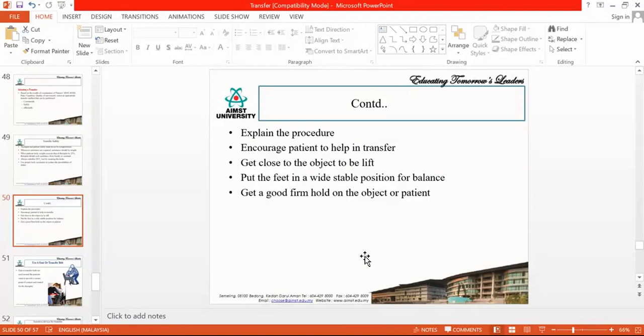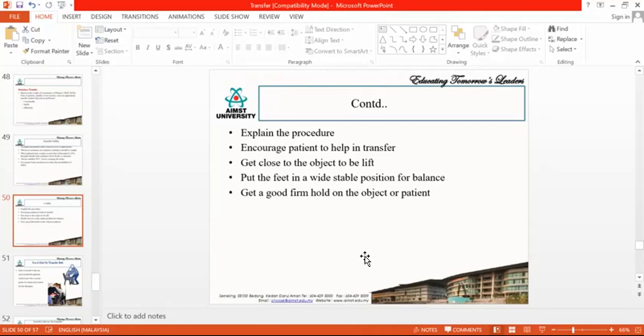That is very, very important. Then you need to make sure that you are in a walk standing position, so that you have a very stable position and a broader base of support, and hold the patient strongly so that they don't slip down. That is another important point.